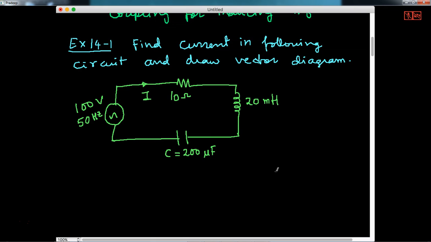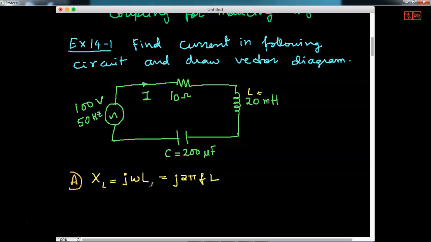I hope you have seen this kind of problem before. Without asking you to solve it, I'll just directly solve it. What is the procedure? First, the frequency is given to you, and the inductance L is 20 millihenries. First you find the reactance of this inductor, XL. XL is nothing but j omega L, or j 2 pi f L. Why is it j omega L?